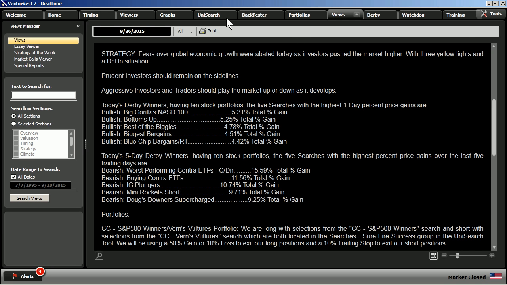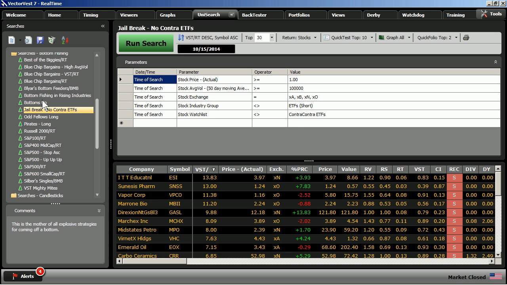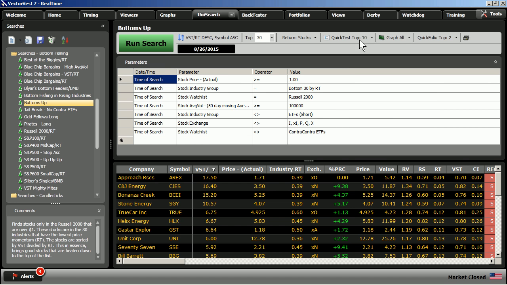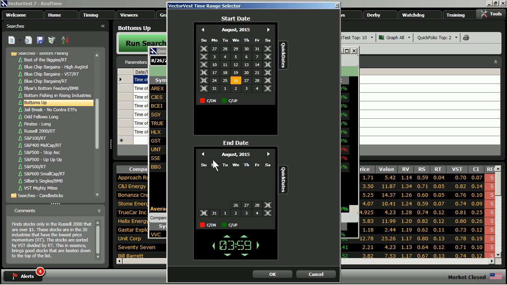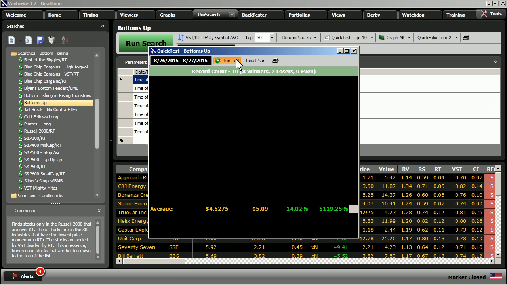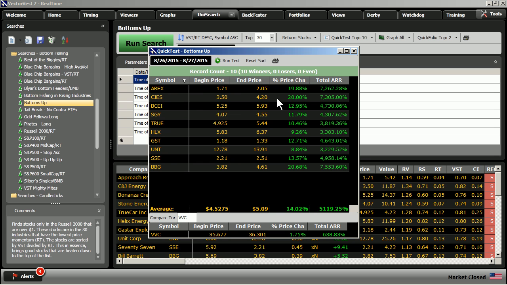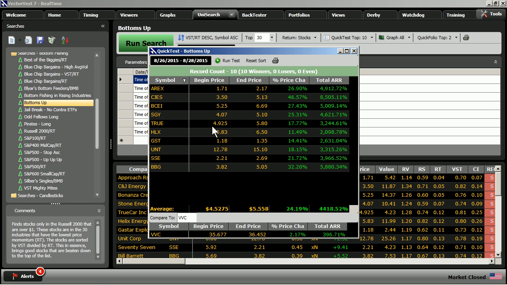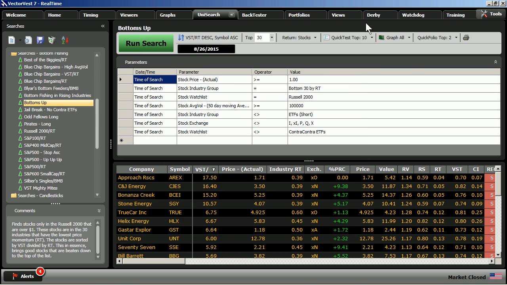So we'll take a look at those real quick and see how they did. Bottoms Up on August 26th. If we run that search, we'll quick test the top 10, and we had a 14% return, 10 winning trades, no losers on Bottoms Up. Holding on an extra day, we would have bumped it up even more, almost 25% gain on Bottoms Up.